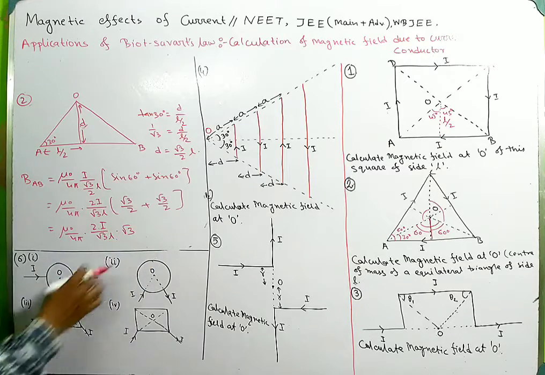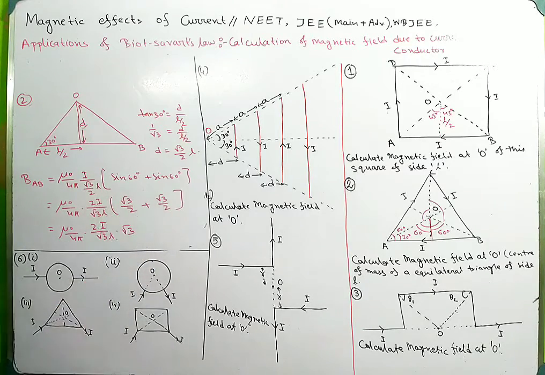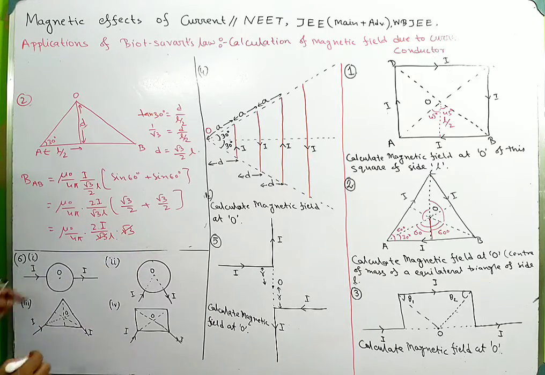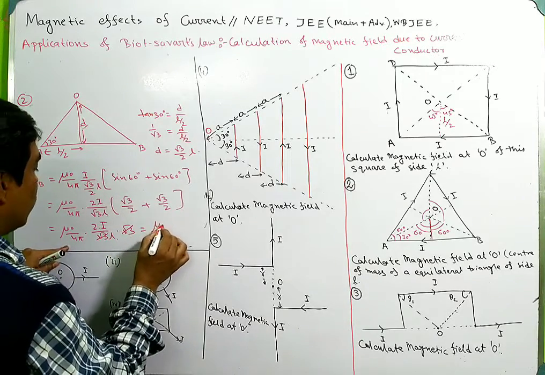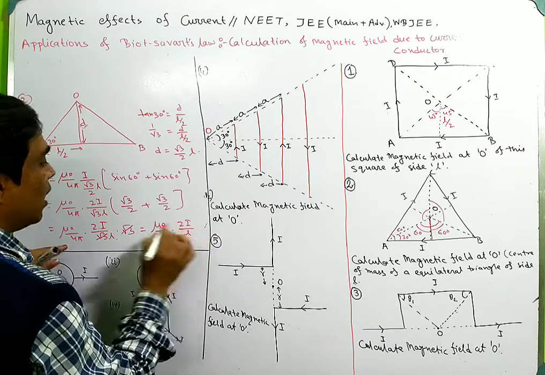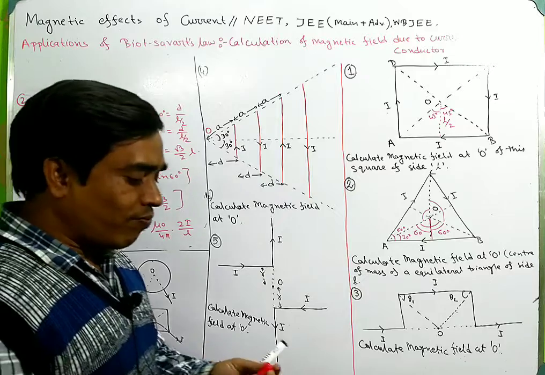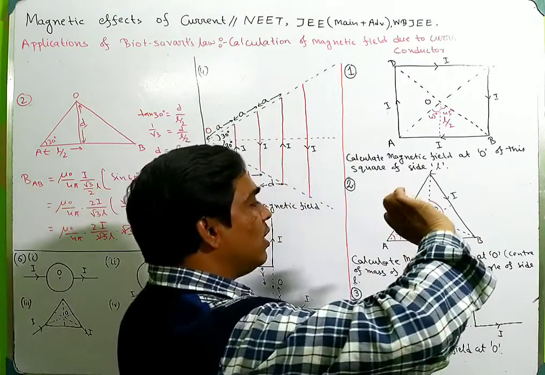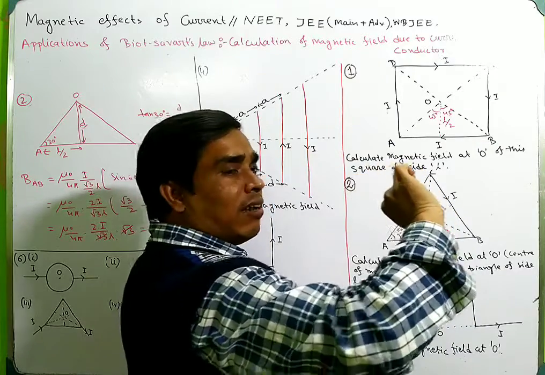If you add this, it will be root 3, so this root 3 cancels out. So it will be mu 0 by 4 pi into 2I by L. Now the direction of the magnetic field due to this portion is inward.